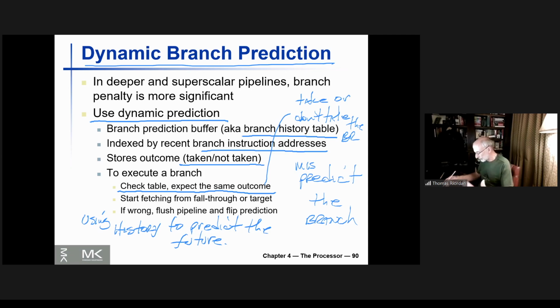And the only way to distinguish those different branches is to store the history of the pattern of how you got here. So the pattern that you got here this time might be branch, branch, branch, branch, branch. Or it could be branch, not branch, branch, not branch, branch, not branch. Or it could be branch, not branch, not branch, not branch, branch. I mean, there's an infinite number of different patterns of branch that you could get to this one.